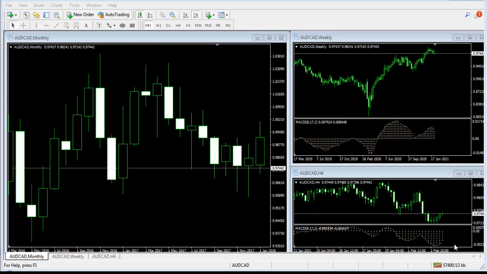I use three time frames, and what I found is that it is important to get a bigger view on what the market is doing and not just focus on your entry time frame, because you're very limited in terms of the kind of view that you have on the market. I've always traded with just the entry time frame and maybe one higher time frame, so the 4 hour and the day.